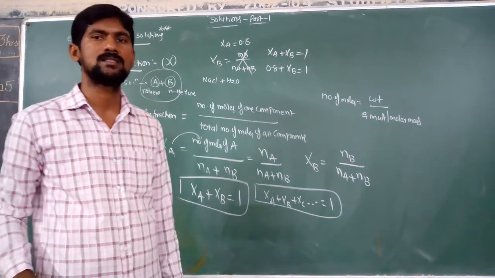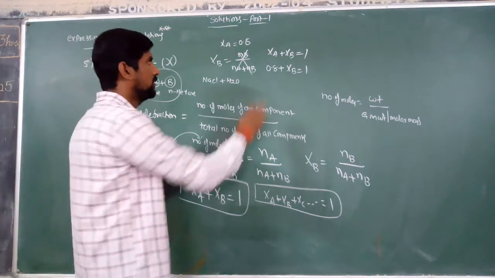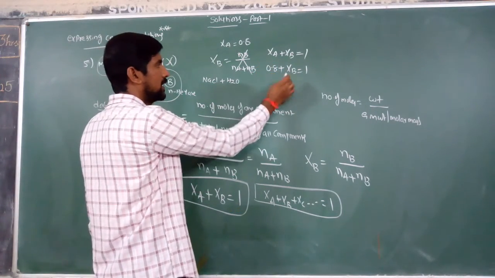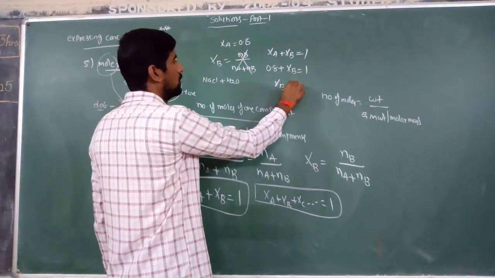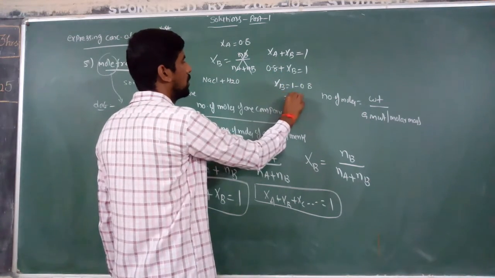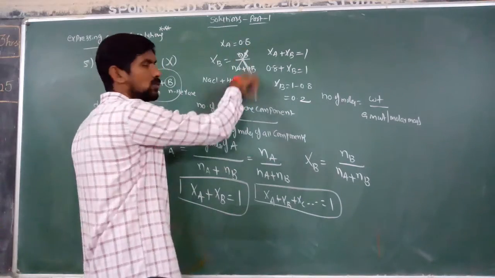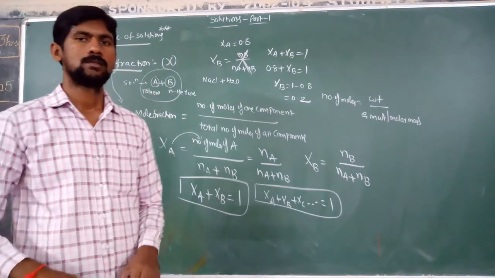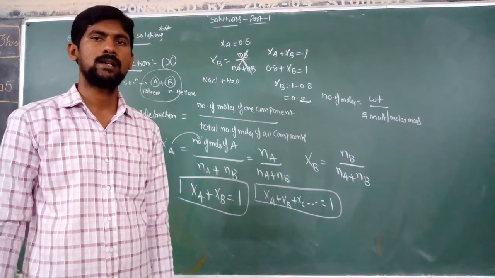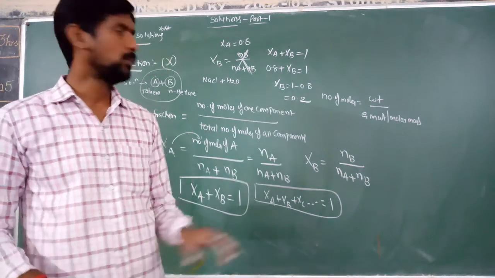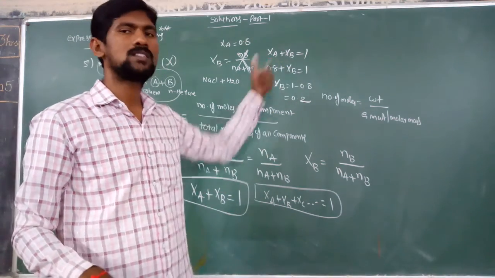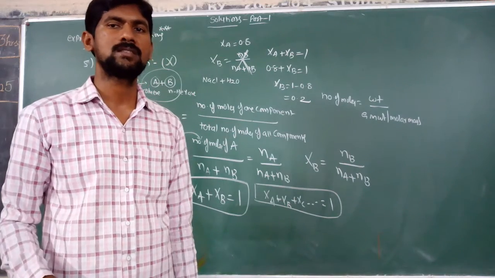So 0.8 plus XB is equal to 1. XB is equal to 1 minus 0.8, that is 0.2. If you know the mole fraction of one component, you can find the second simply by using this relation.